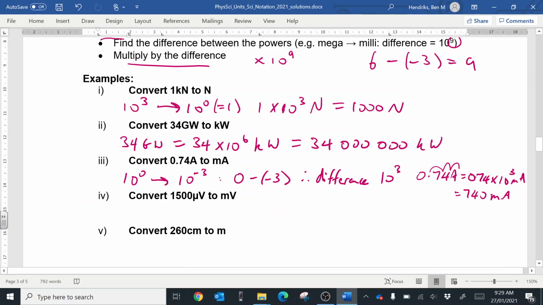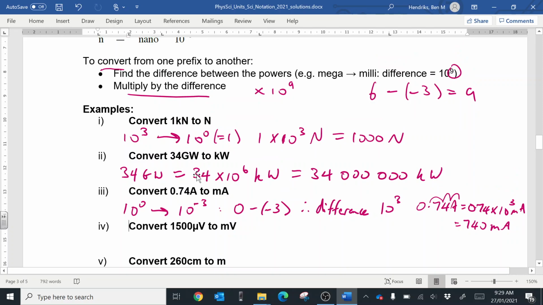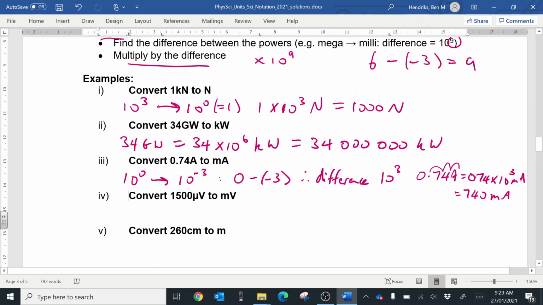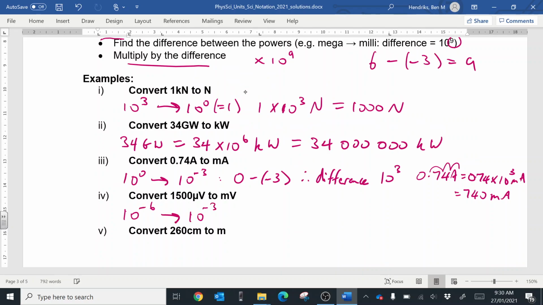Convert 1500 microvolts to millivolts. So in all these first three, we went from a larger prefix to a smaller prefix, but this time we're going from a smaller prefix, microvolts, 10 to the negative 6, to milli, 10 to the negative 3. So this time we have negative 6 minus a minus 3, which is equal to minus 3.